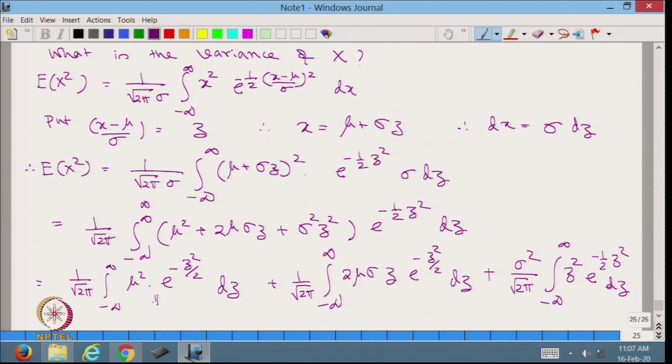Now, here I am integrating a constant mu square with the standard normal PDF. Therefore, this will give me mu square. The second term is effectively computing the expected value of a standard normal, which we know is equal to 0, and the third is expectation of x square when x is standard normal. Therefore, this integration will give us 1, and therefore, from this we get sigma square.